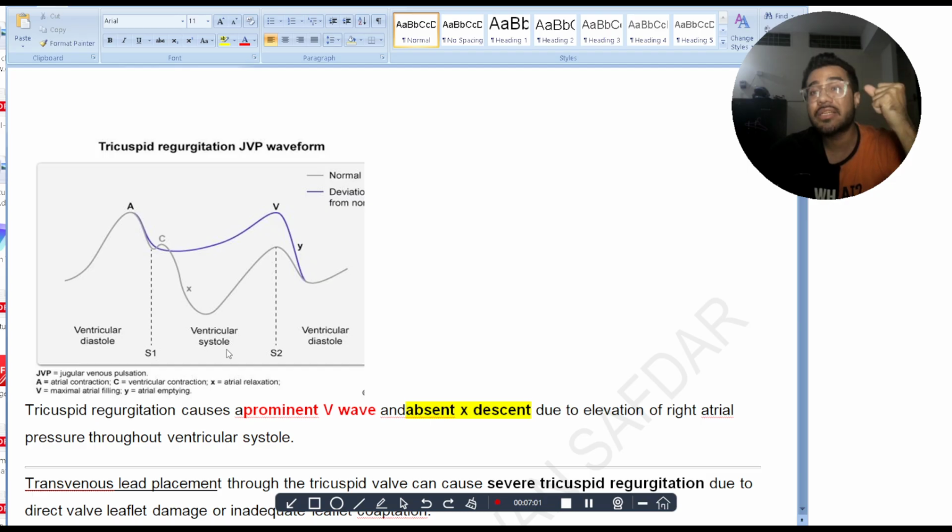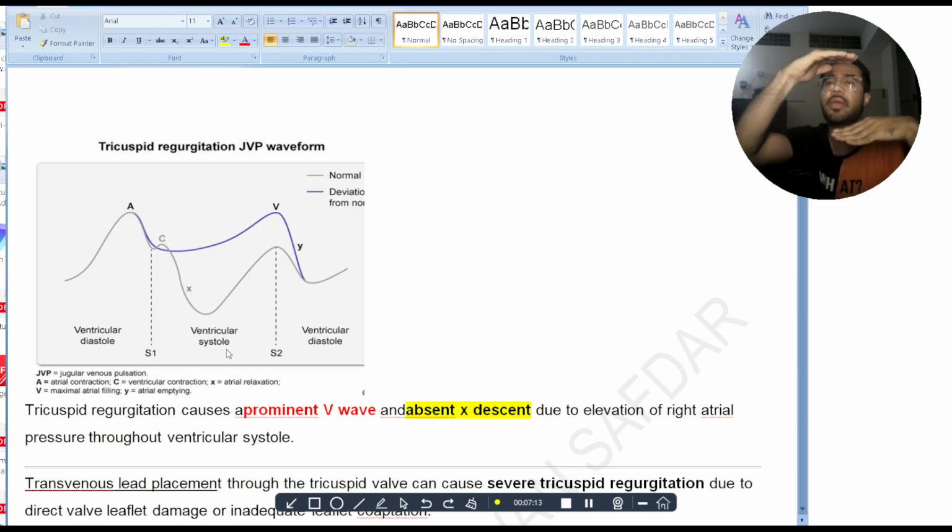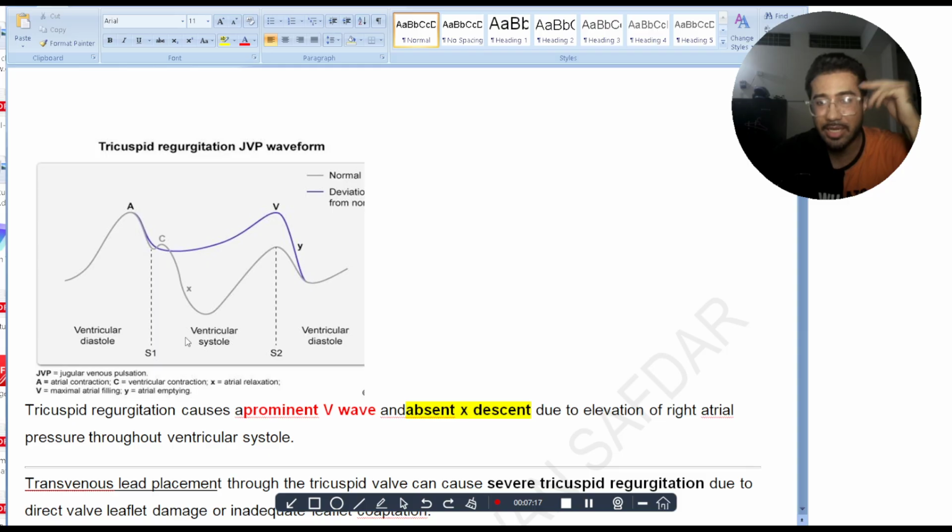Because when the ventricles contract, the pressure is not contained just in the ventricles. The blood regurgitates back into the atria, and the overall pressure in the atria during ventricular systole, that is atrial diastole, is going to be increased. So this is ventricular systole here, the contraction of the ventricles, that denotes the atrial diastole, relaxing of the atria.